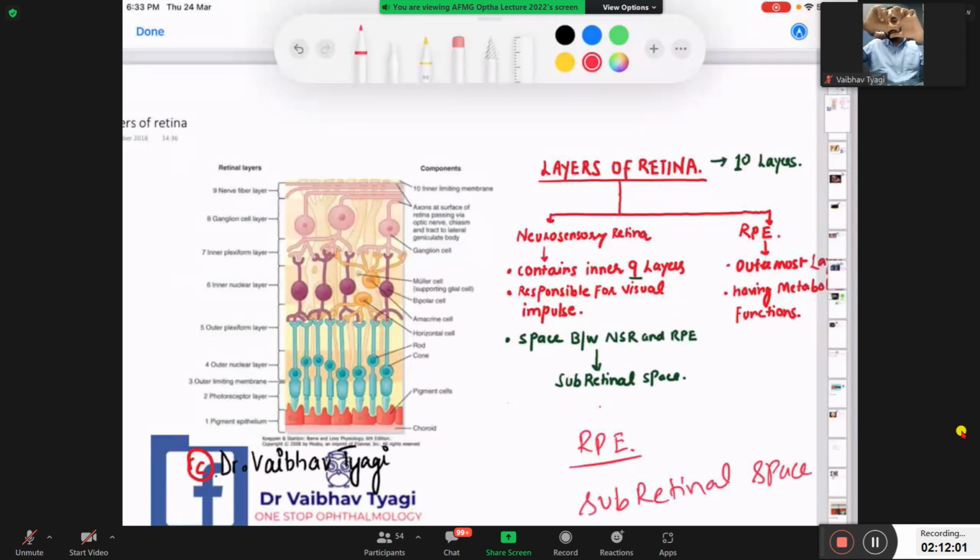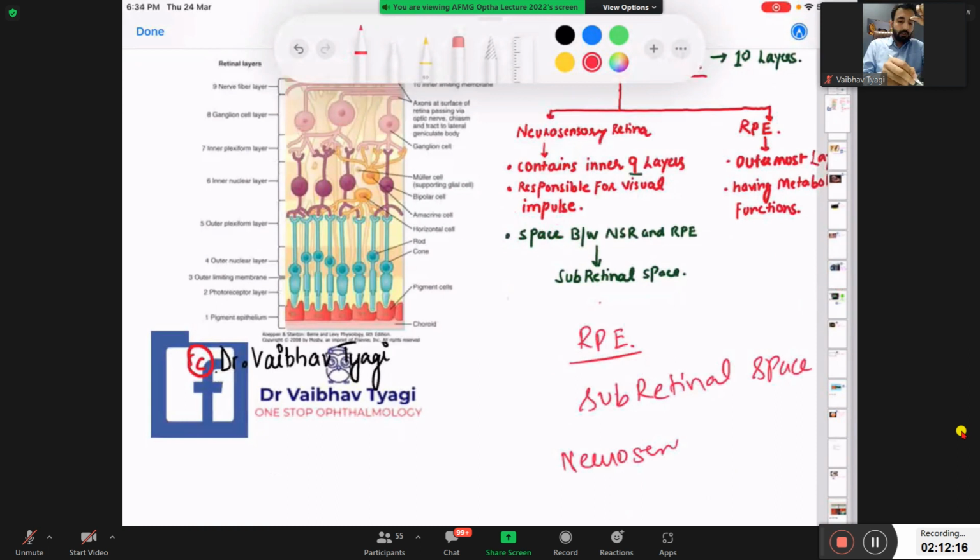Understood? So the potential space, subretinal space, is present between the RPE and the 9 layers of retina. These 9 layers of the retina are called neurosensory retina. So as I told you, there is a potential space in a normal individual between the RPE and the 9 layers of the retina.